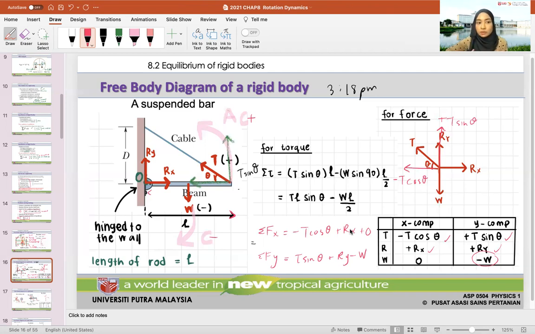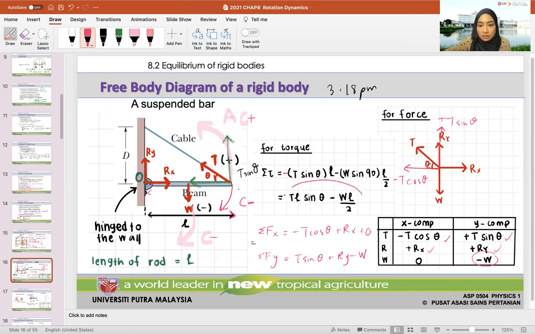So anti-clockwise is positive, clockwise is negative. Just now, Rachel asked me, what if the tension is going clockwise? What will happen to the equation? The equation will be minus T sine theta L minus W sine theta L over 2. It doesn't really matter whether it's positive or negative. The positive and negative just tells me the rotation is either clockwise or anti-clockwise.